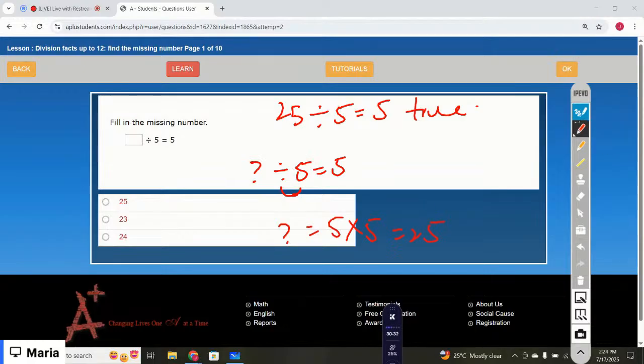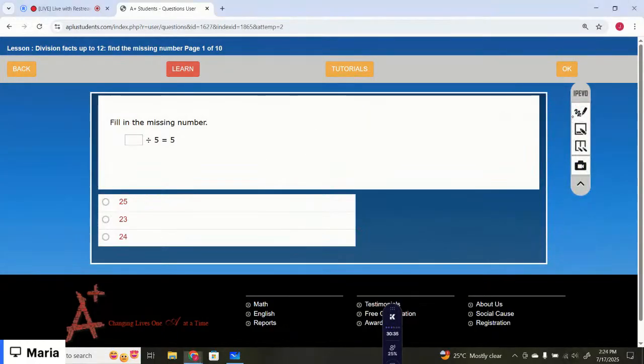The correct option is 25. Option number 1 is the correct option.